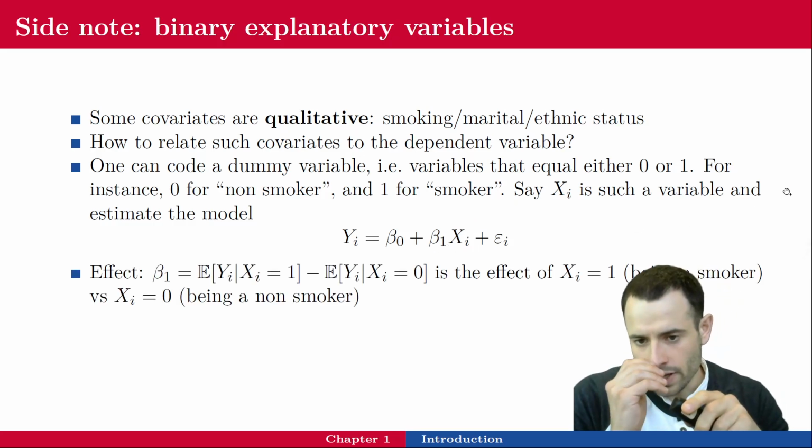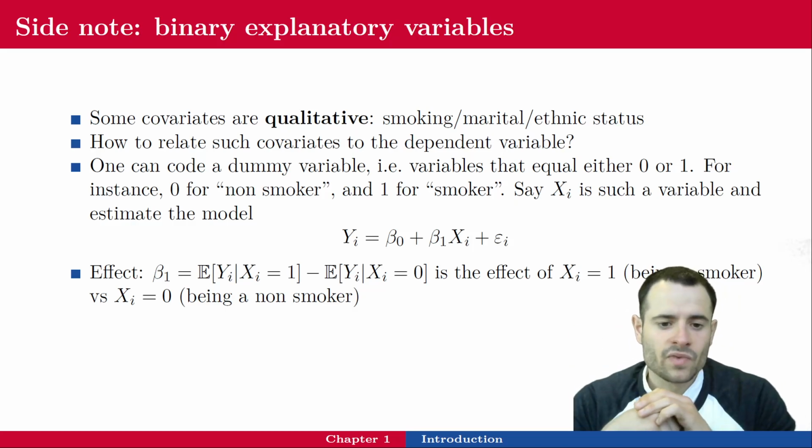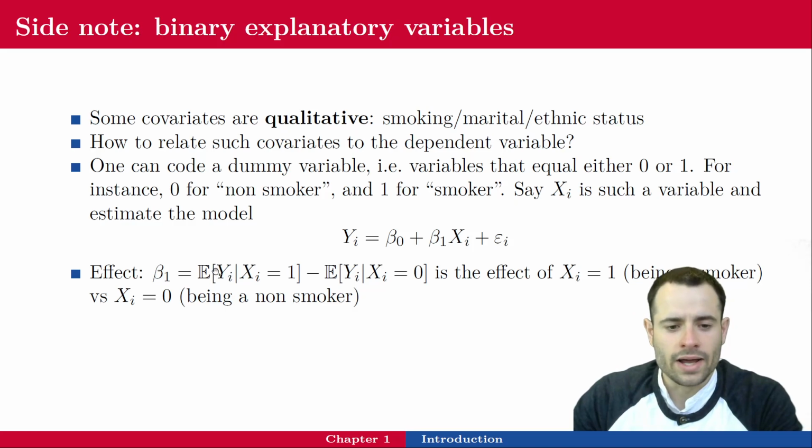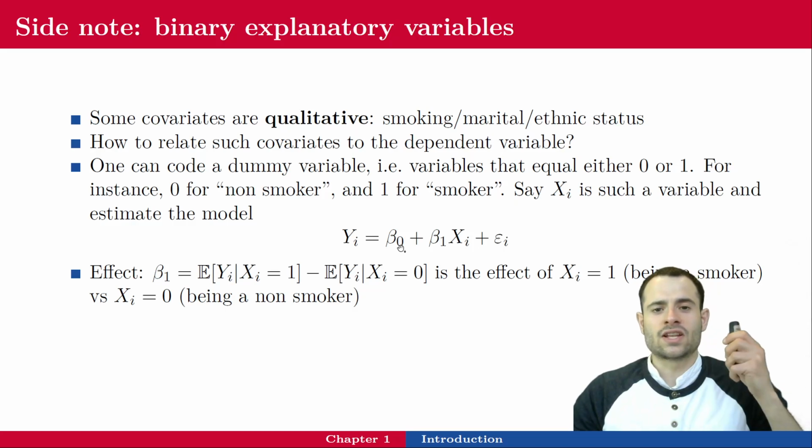The effect now is that X is either 1 or 0. So if you take the expectation of Y among smokers, so this is the average Y for which X is equal to 1, minus the average Y among non-smokers, mathematically speaking, the expectation of epsilon will disappear every time. The beta zeros are going to cancel out.